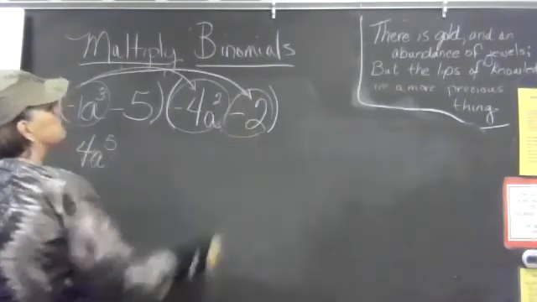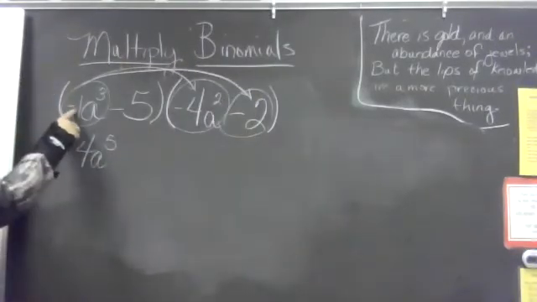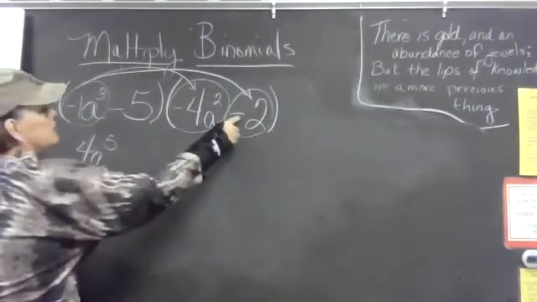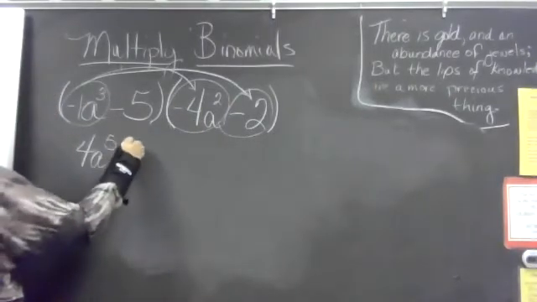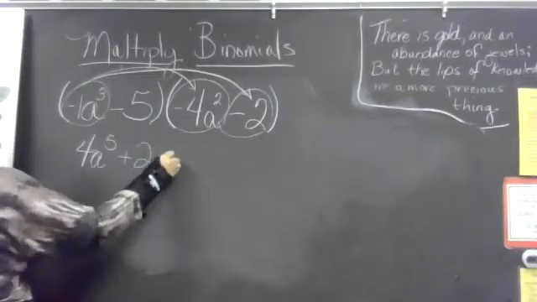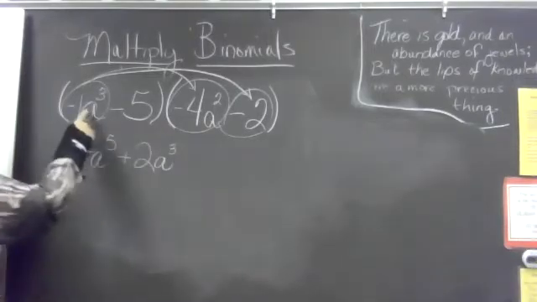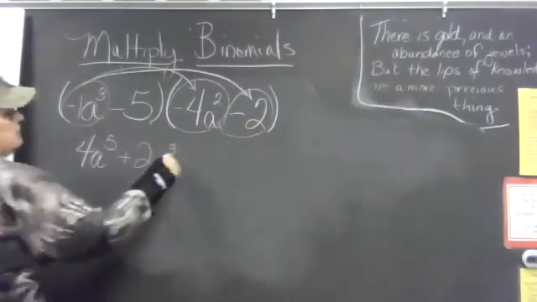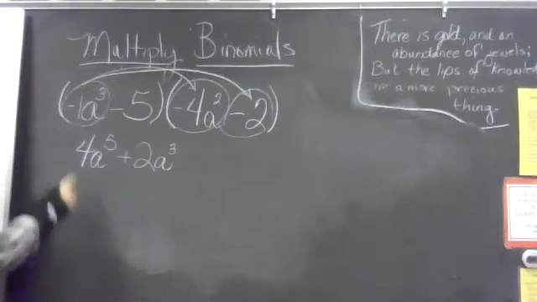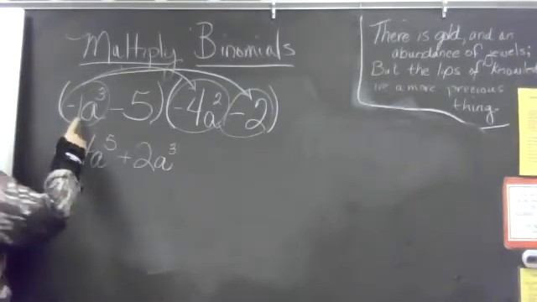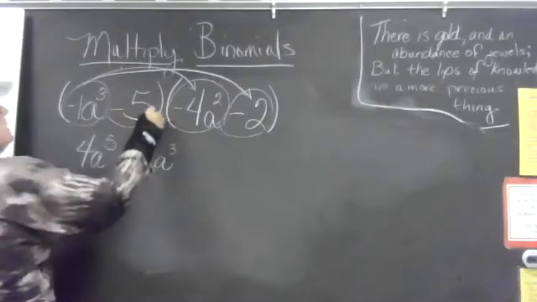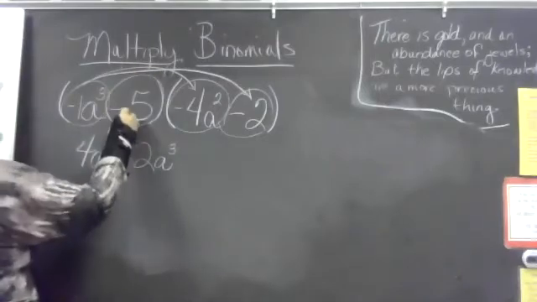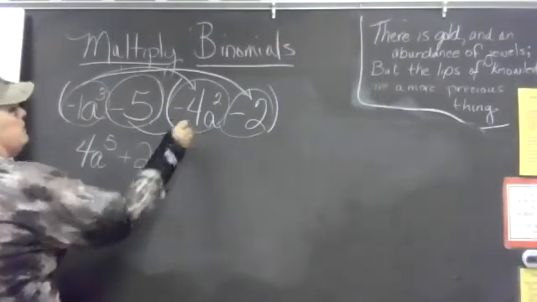And then I still have to take the front one times this piece. So I have a -1 times a -2, which gives me +2a to the 3rd. A to the 3rd here, no a's here, so I've got a to the 3rd. Now I finished with this one because I took it times everything. So now it's time for me to take the -5 times everything.